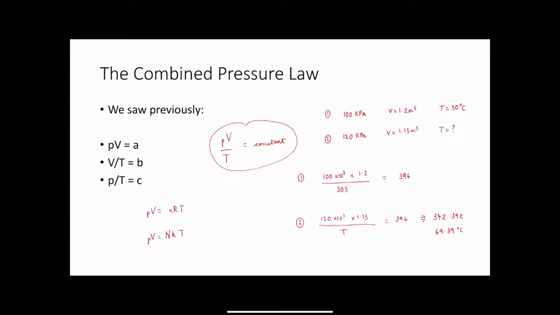Now you can see that roughly those two equations can be put into similar style of our combined pressure law. So even though you're not given that combined pressure law directly, you can always work it out from the two equations on your data sheet if you put it into a similar looking equation as seen here.